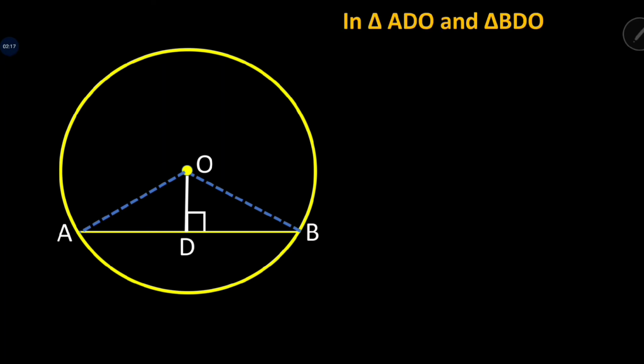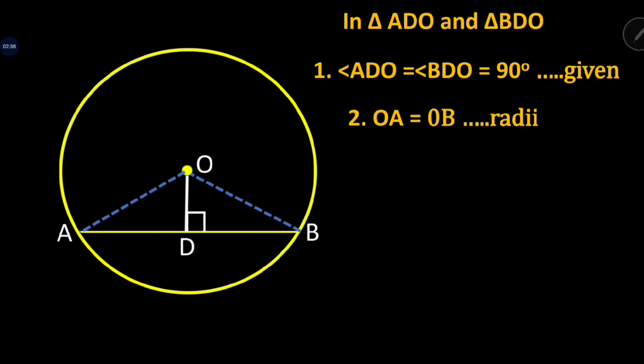So I'm going to use congruency to do this theorem. Okay, in triangle ADO and triangle BDO, angle ADO is equal to angle BDO, which is 90 degrees. It's given. We already said the line is perpendicular to the chord. OA equals OB, they are radii, they're equal.